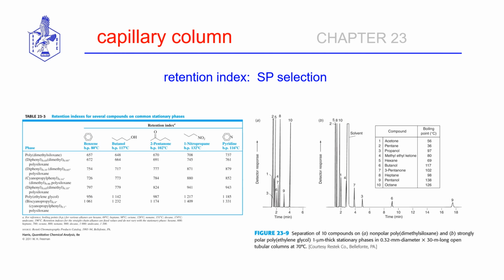One aid in selecting the stationary phase material and its polarity is the retention index. These values are compiled for straight chain alkanes on specific stationary phase materials, and so the values are relative to what a pentane or a hexane or a heptane molecule would exhibit on a particular stationary phase material.